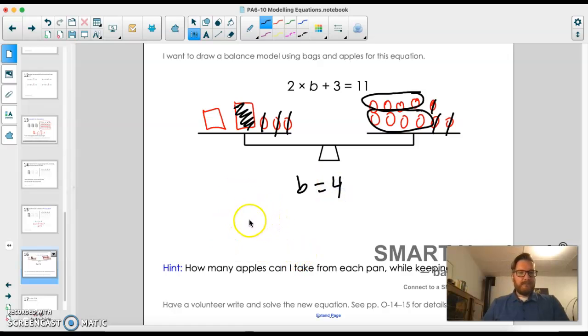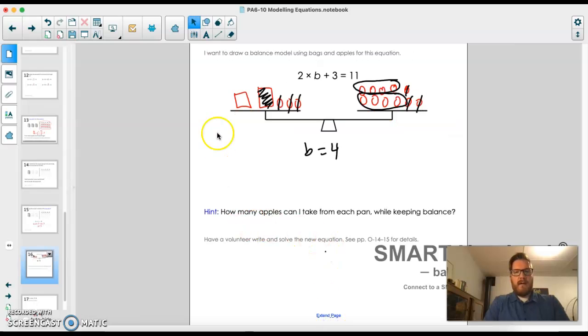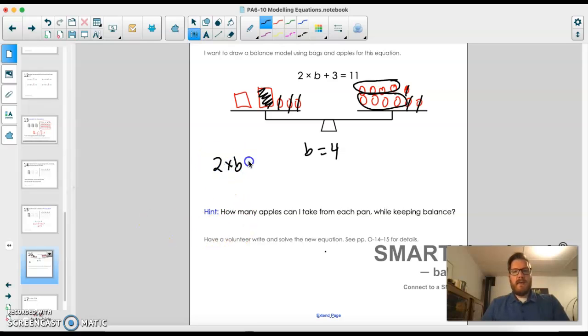Now, to write that all out, I'm actually going to extend the page for a quick sec. Oops. And I'll just show it all the way. So I have 2 times b plus 3 equals 11. So I have 2 times b plus 3 minus 3 equals 11 minus 3.